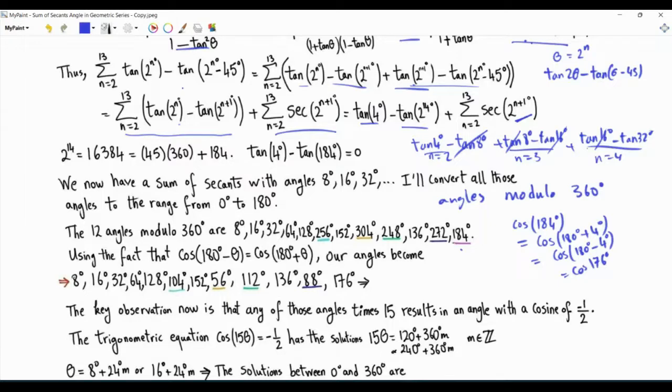And what is cosine 120 degrees? It is minus 1 over 2. Now you can do the same to all the angles. So for example, 16 degrees times 15 gives 240 degrees. And cosine 240 degrees is minus 1 over 2, and so forth.